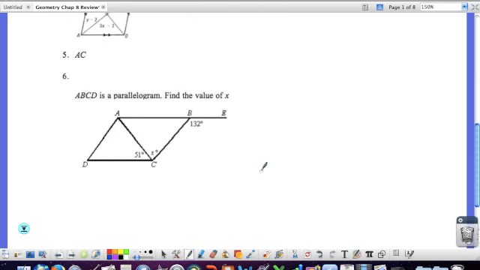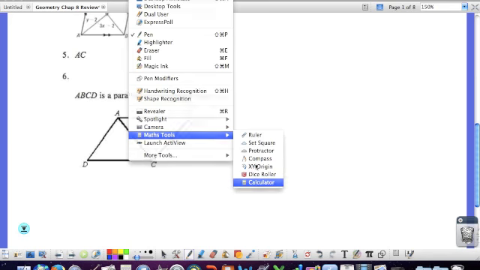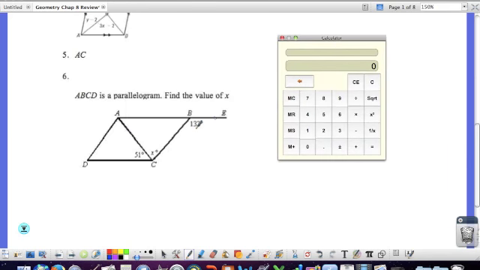And for problem number 6, ABCD is a parallelogram. Find the value of x. So this angle here and this angle here are going to be congruent, because I have 2 parallel lines.